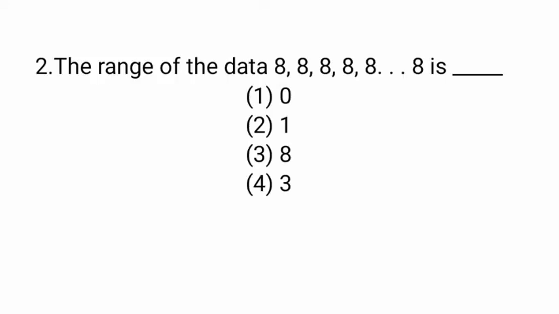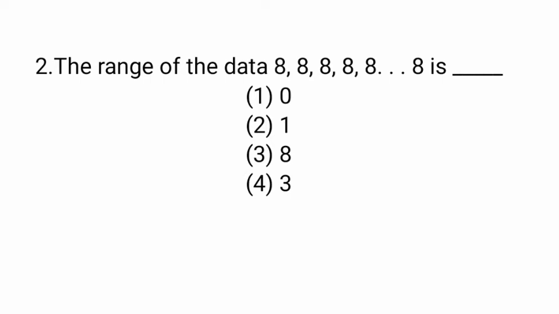Can you understand? The second question, the range of data 8, 8, 8, 8, 8 is dash. Option 1 is 0, option 2 is 1, option 3 is 8, option 4 is 3. What is the formula of range?